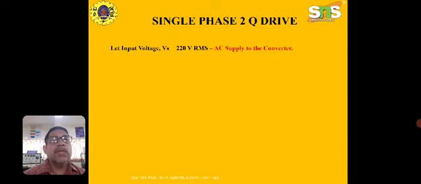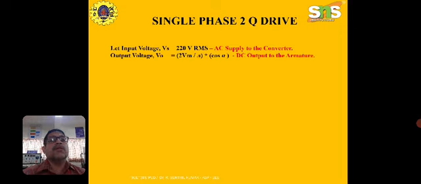Let the input voltage again be AC 220 volt RMS. This is the AC supply voltage to the converter where 4 thyristors are there. With the help of 4 thyristors, this 220 volt AC RMS is converted into DC. The output voltage formula is 2 Vm by pi into cos alpha.